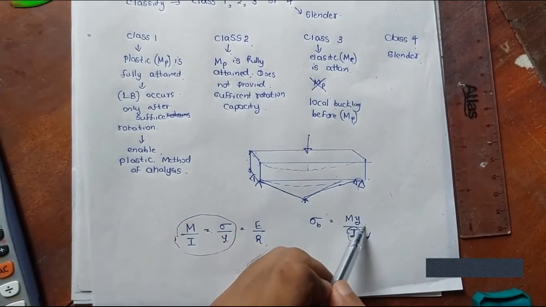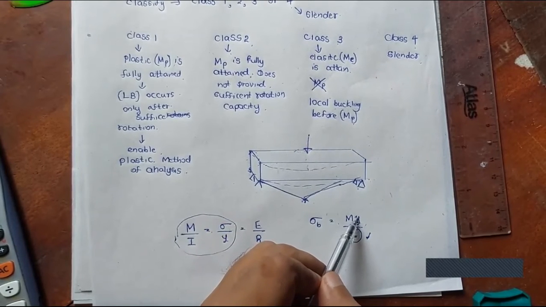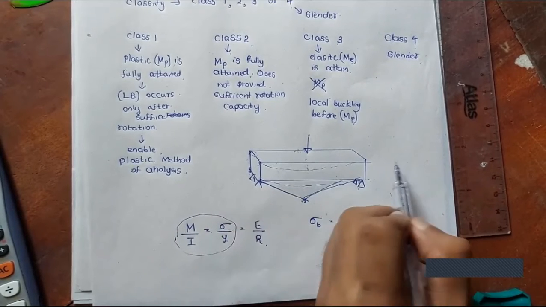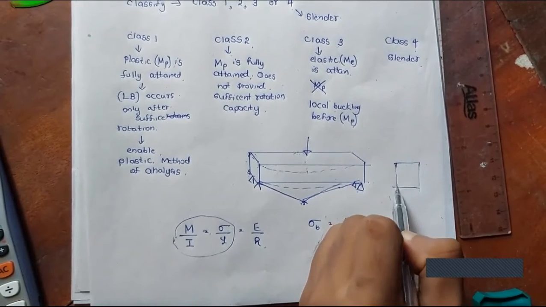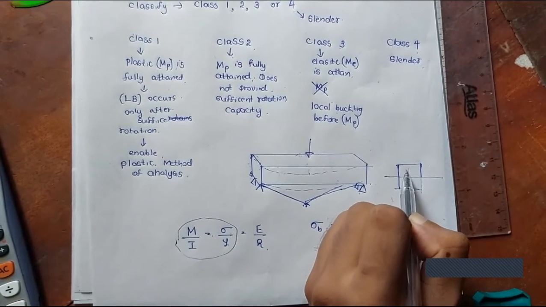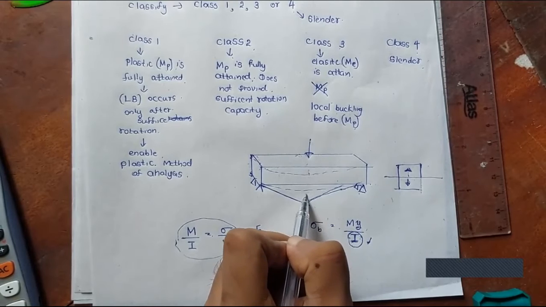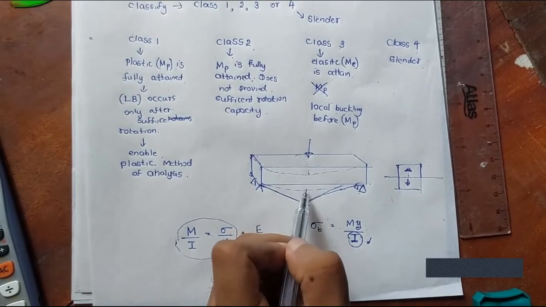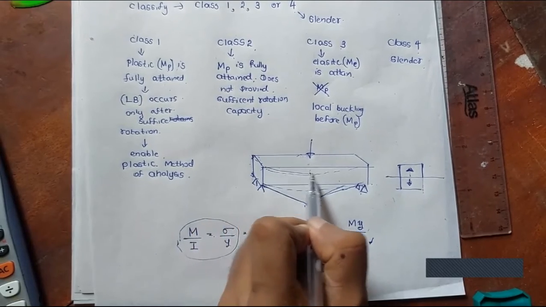Usually the top fibers have the maximum bending stress according to this equation, when y is taken away from the neutral axis. For a rectangular section it's the centroid axis, so y is taken away from the neutral axis in both ways. So top in compression, bottom in tension for this loading. It's like this.